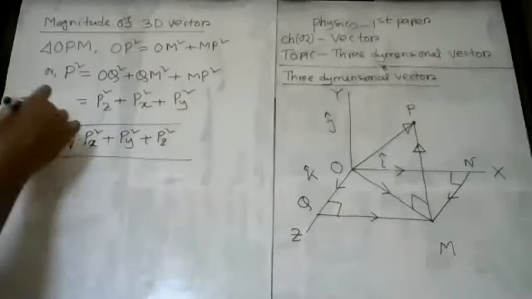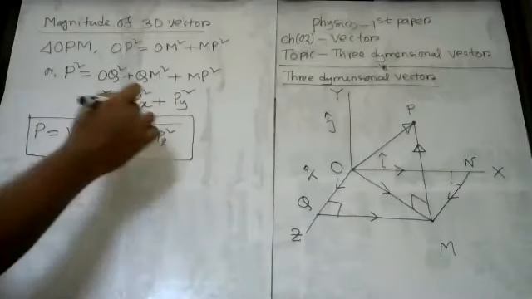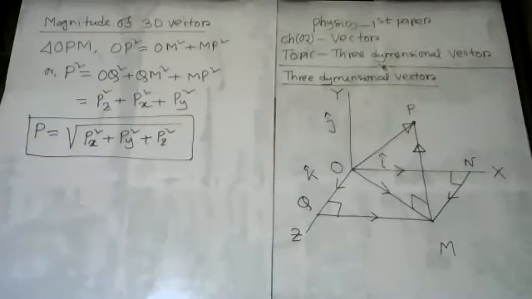So this is the magnitude of a 3D vector.